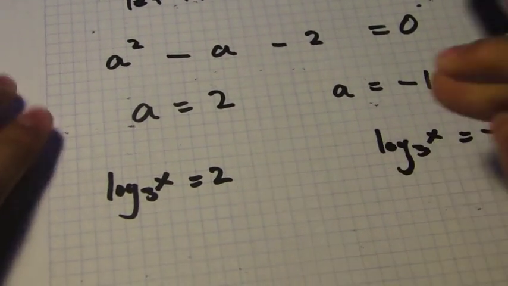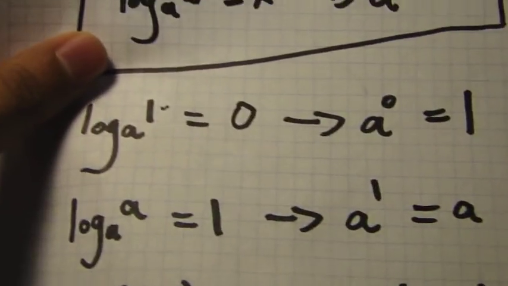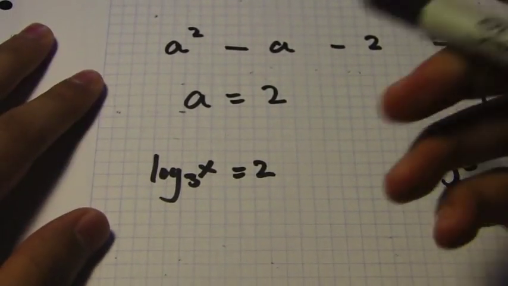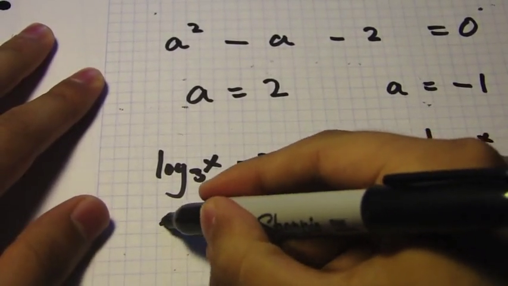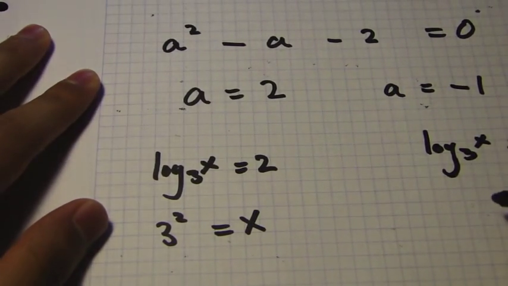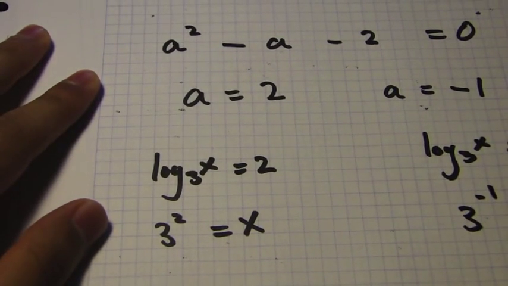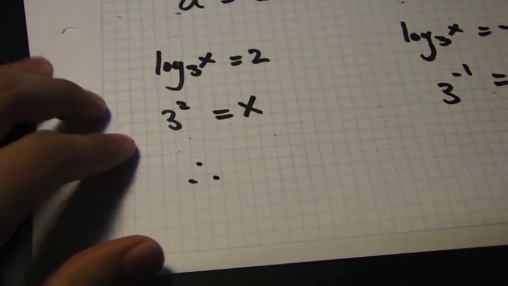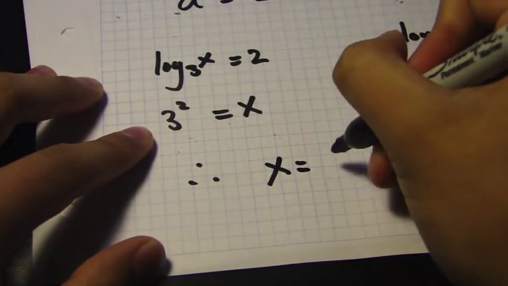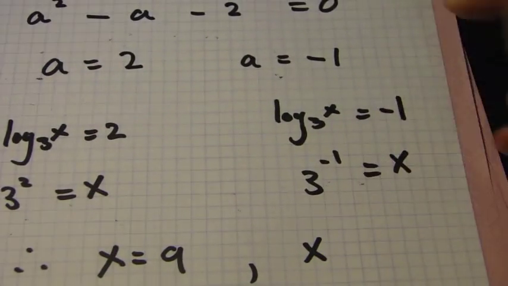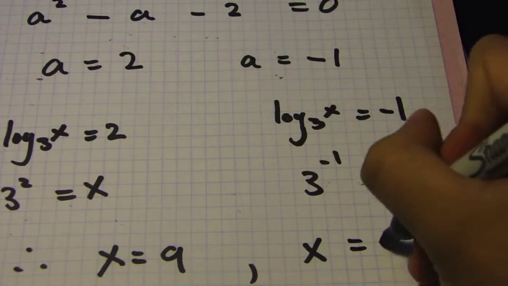Alright, so now just using once again this first rule that we went over, we can see that 3 to the power 2 equals x, and 3 to the power of -1 equals x. So therefore x equals 9 and x equals 1/3.